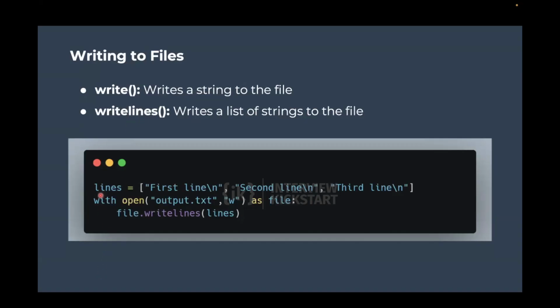Okay, so here, for example, I have a few lines, and you see these \n are special characters for new lines, right? So it means go to the next line. And then I'm going to open this text file in write mode, and on this output.txt, I'm going to write these things line by line. So I can use file.writelines to do this in one shot.